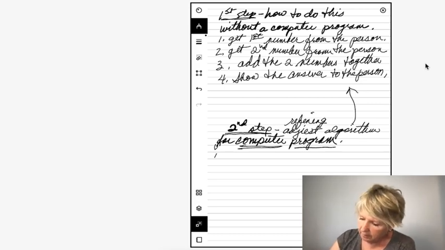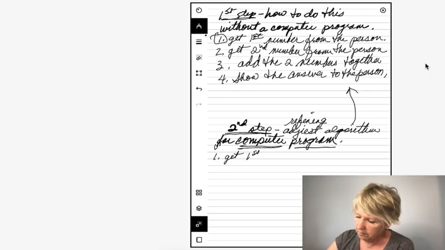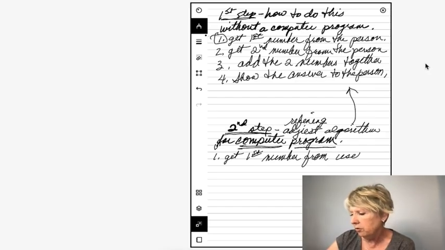Okay, so let's see. Up here I had get the first number from a person. So, okay, I'm going to say get the first number from the user. And the user is whoever's running your program. And I'm going to put in parentheses, use a prompt.